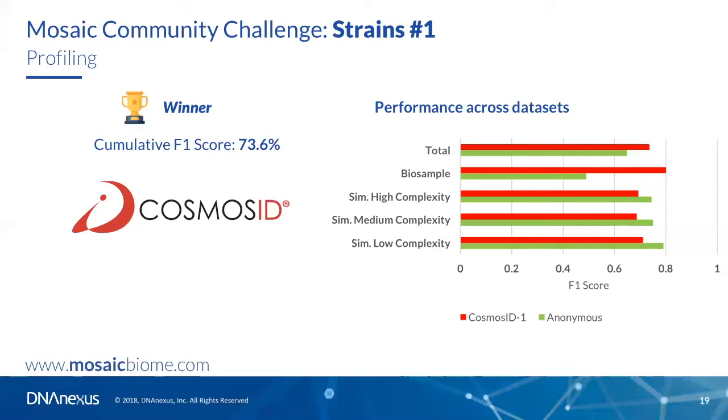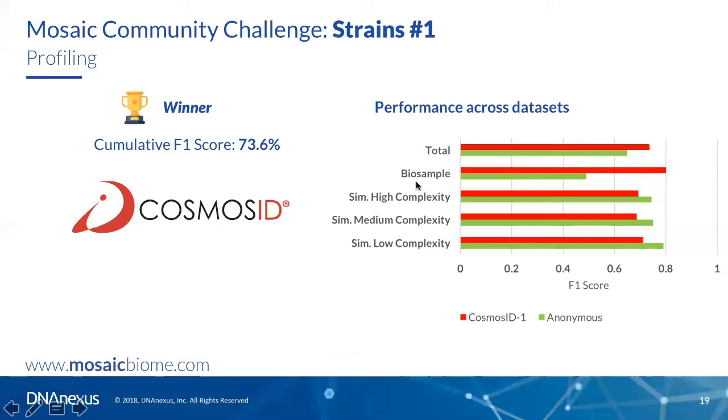However, what you can see here, if you go to Mosaic, is that CosmosID won this challenge because their analysis performed the best in the analysis of the biosample. And this is something I haven't mentioned yet, but the way we calculate the cumulative score is by weighing the different scores from the different data sets.